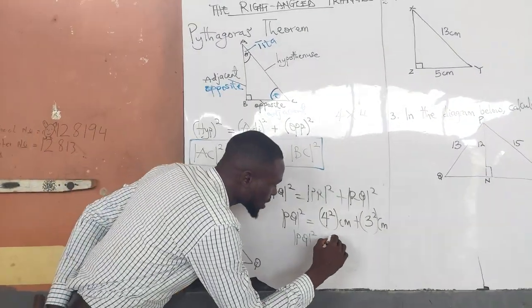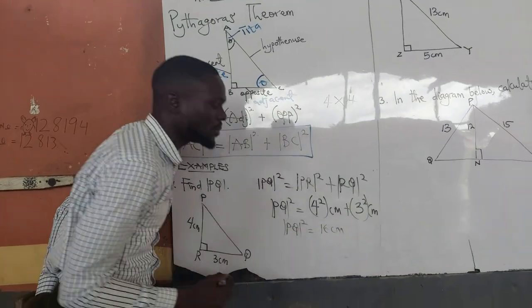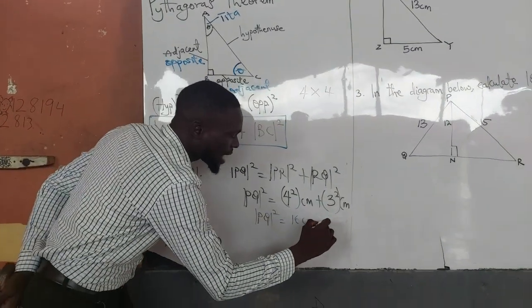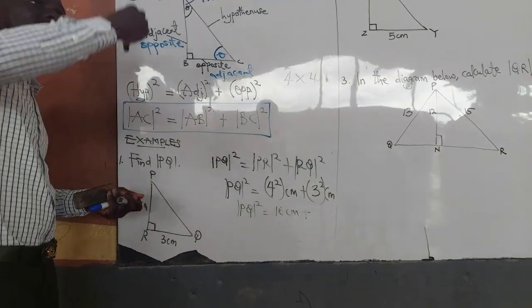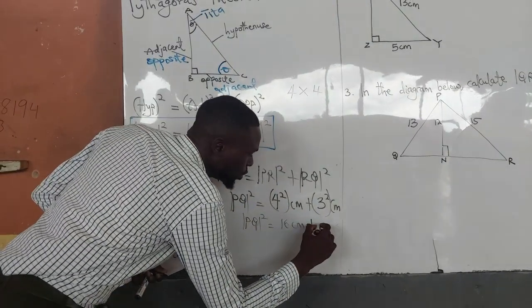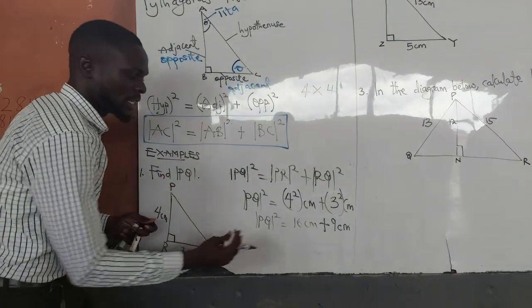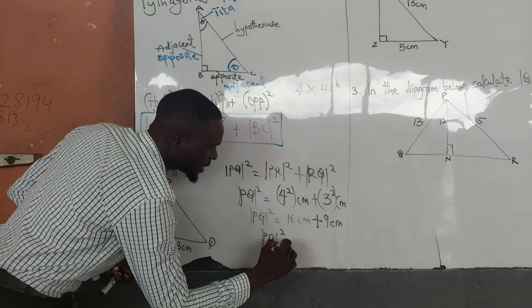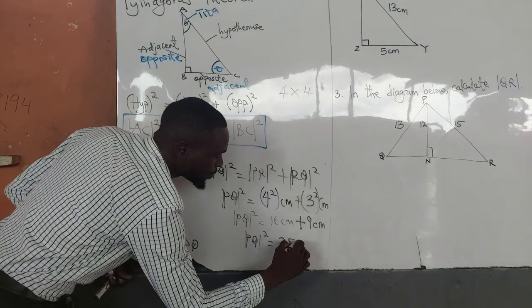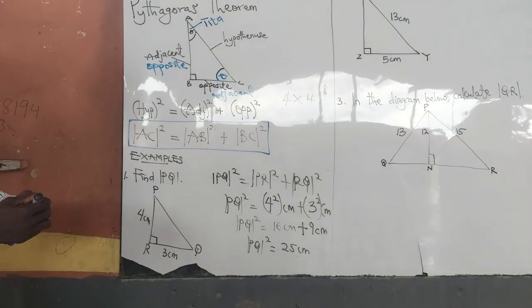So this is going to give us what? 16 centimeters. Plus, then 3 squared is also 3 times 3, which is going to give you 9 centimeters. So put the two together. You have PQ squared is equal to 25 centimeters.